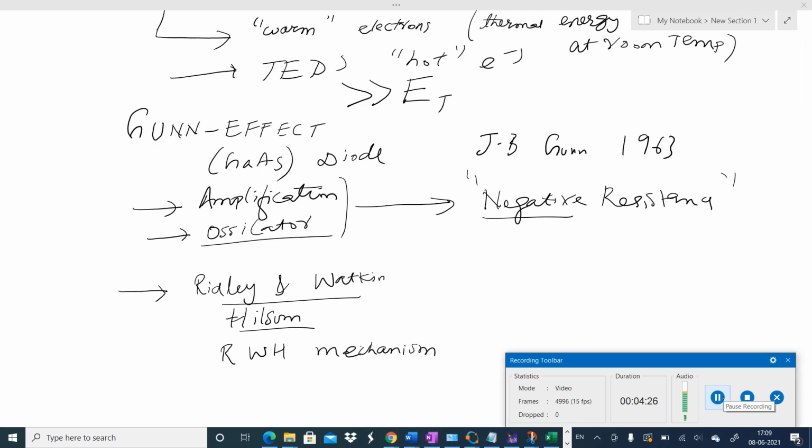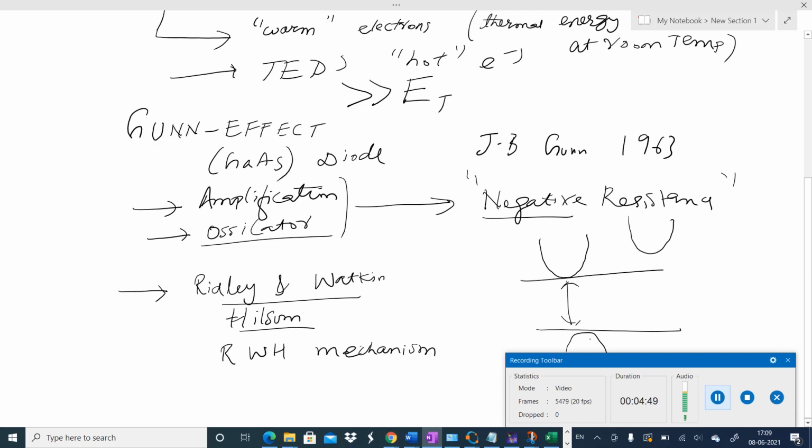We will see in detail, but we can say the summary of the story is, you might have seen two bands in the usual energy band diagram, the conduction band and the valence band, and there is energy gap in between. In those devices where we want negative resistivity, there is not a single conduction band. So there are these satellite bands also, and here is a valence band.